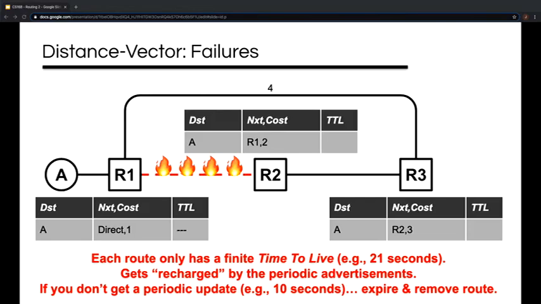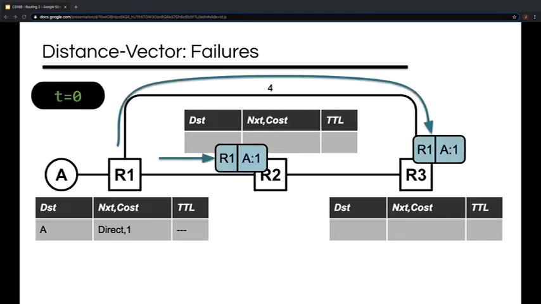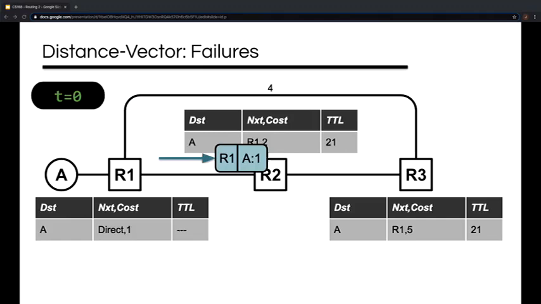So you get a route and you say, this is valid for 21 seconds. Your neighbor is advertising every 10 seconds, right? So even if it misses one, it's going to keep it alive. If it misses 2 in a row, well, now that one's going to time out, right? And so how this works, it gets the advertisement, it fills it in with this time to live of 21 seconds.